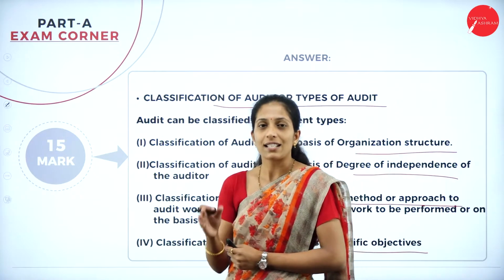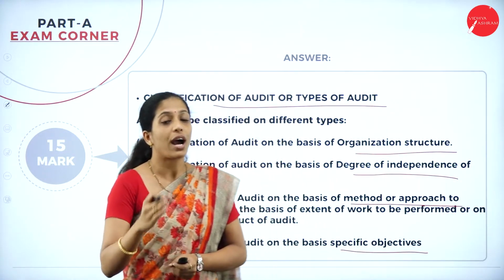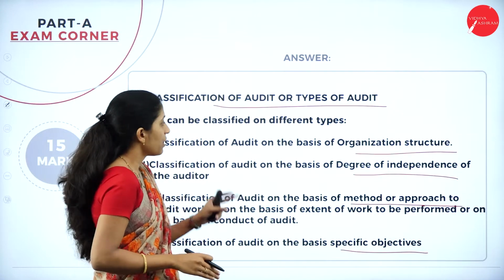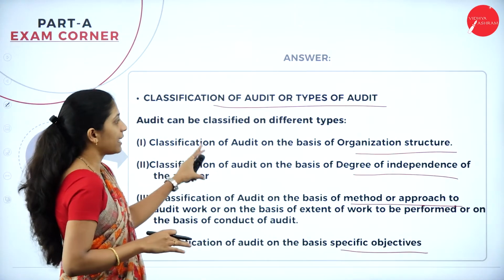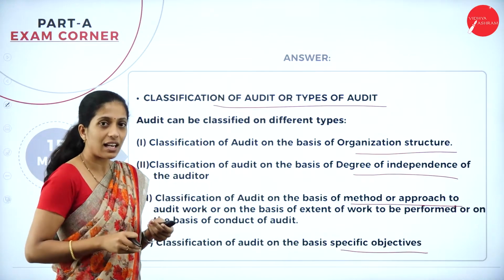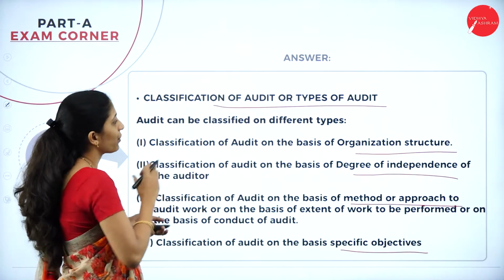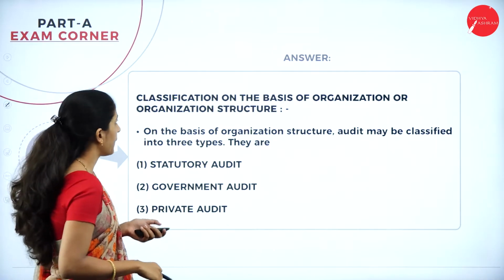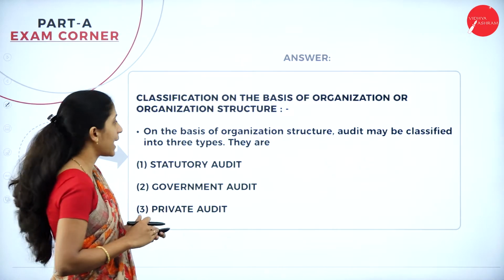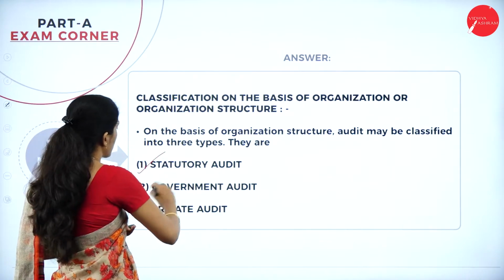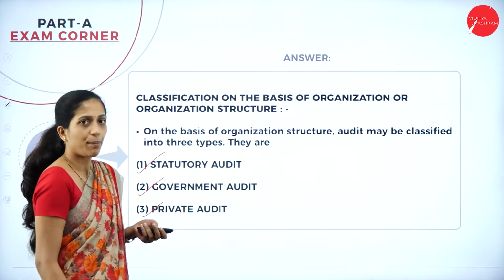So here, since they have asked for 15 marks, you have to go step by step. So first, the auditing has been classified into main types. Under these types, there are several subtypes, right? So that we have to discuss in detail. That is classification of audit on the basis of organization structure. We have statutory audit, government audit as well as private audit.